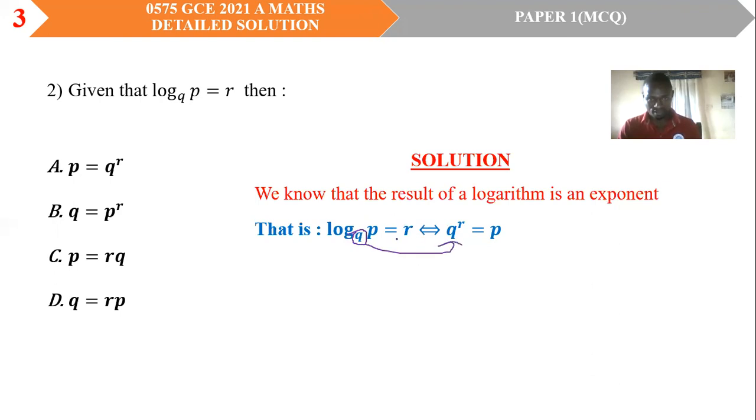This answer to the log becomes the exponent, as has been said above. And now, meaning that when we take q, which is the base, to the power r, the result is p. So this is how we transform a logarithm into an index. Answer A.